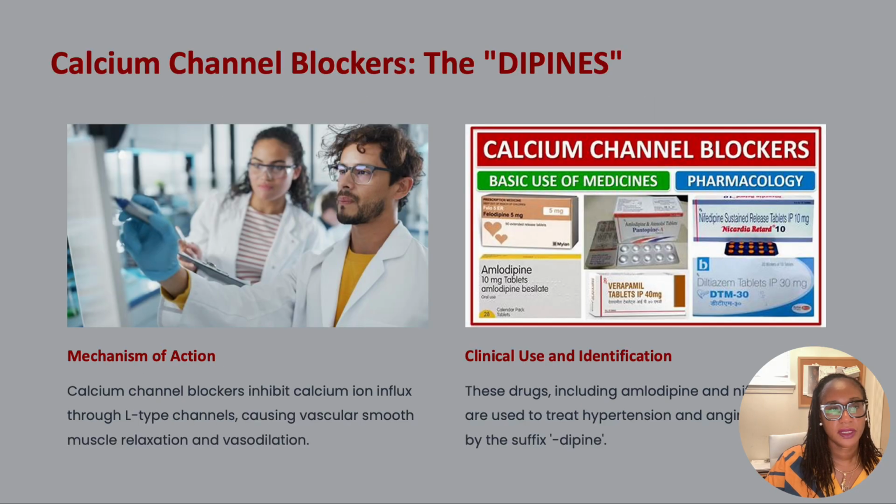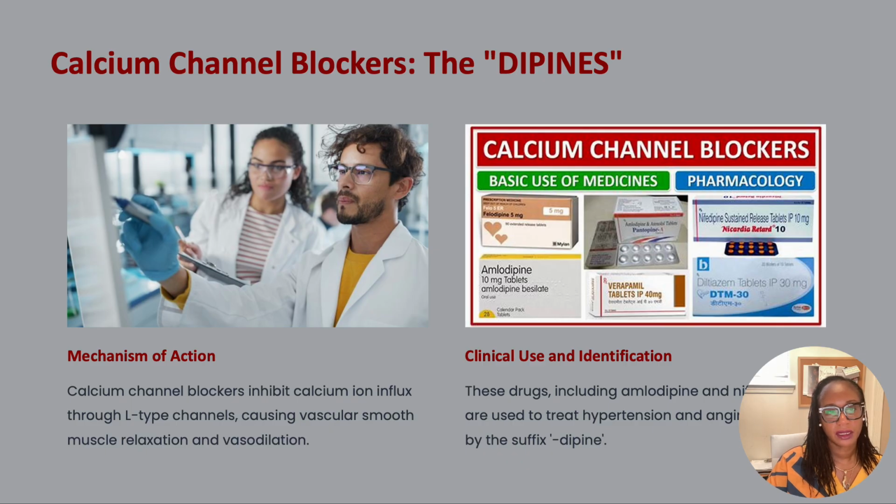So here is our calcium channel blocker. It ends in dipine, so what we're looking for is the dipines. As I mentioned, I went over those earlier as well. The mechanism of action: calcium channel blockers inhibit calcium ion influx through L-type channels, causing vascular smooth muscle relaxation and vasodilation.